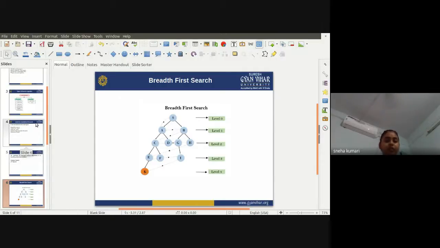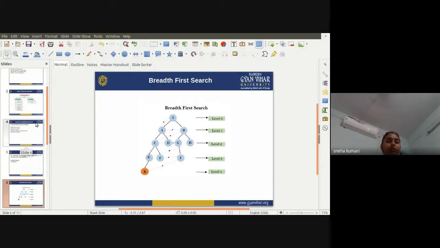This algorithm searches breadth-wise in the tree or graph, so it is called breadth first search. Breadth first search starts searching from the root node of the tree and expands all successor nodes at the current level before moving to the next level. The breadth first search algorithm is an example of a general graph search algorithm.